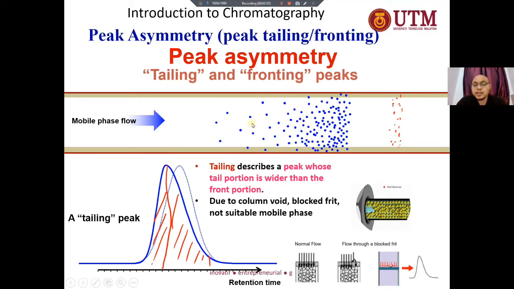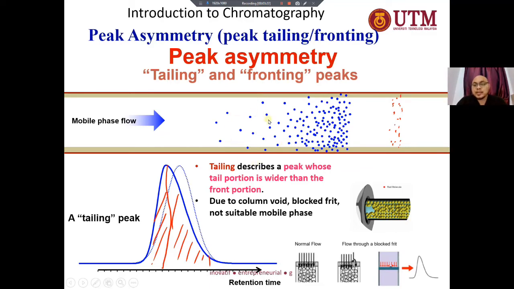In chromatography, we always refer to molecules or compounds. So some of the molecules of the analyte were left behind. When this happens, we will have a tailing peak. It means that there is something left behind.